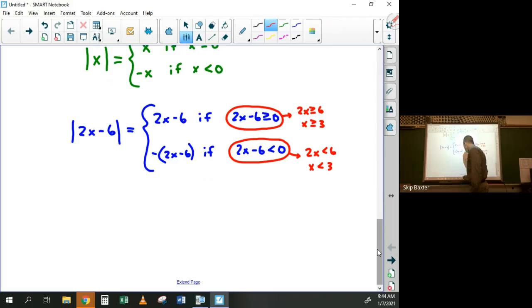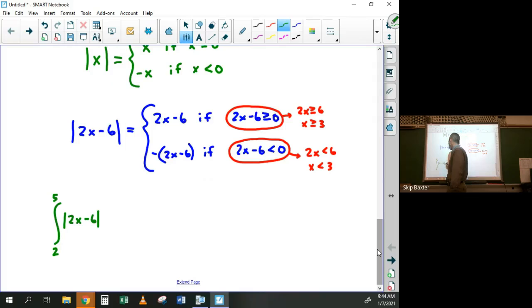So if I'm asked to find, for example, the integral from 2 to 5 of the absolute value of 2x minus 6 dx, I would have to do this analysis right here, writing that absolute value as a piecewise function, and then do the same thing we just did with the other piecewise functions.